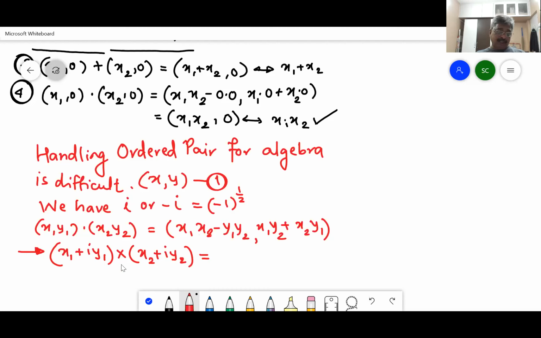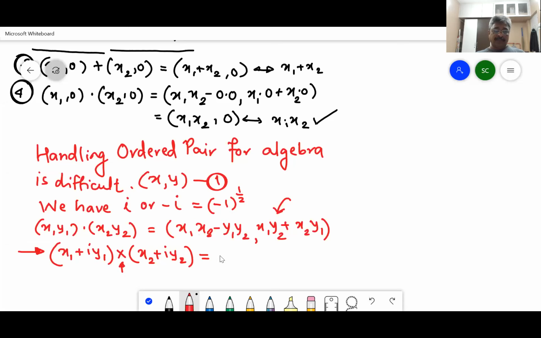The multiplication definition that we have decided is for the ordered pair representation, and we have to remember this. However, if we multiply these two numbers the way we do in real number algebra, and we end up getting something like this, then this is yet another representation of complex numbers. So let us multiply term by term.